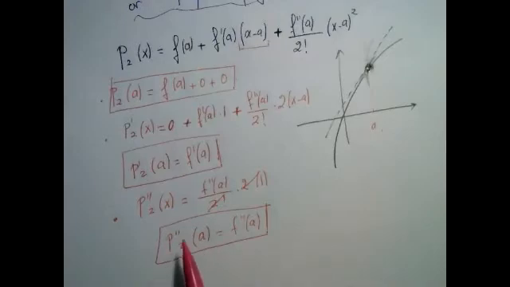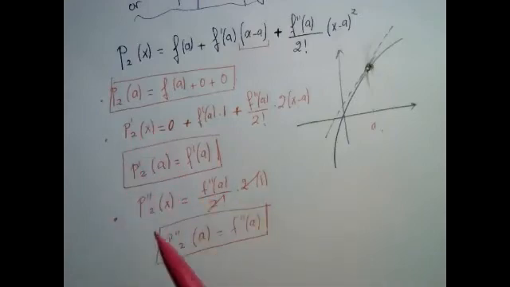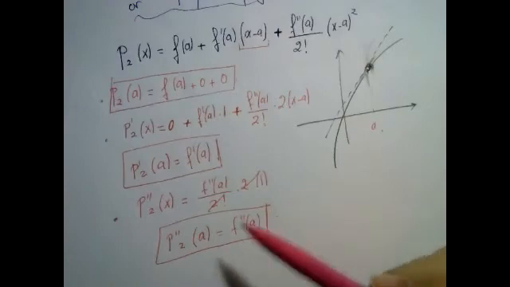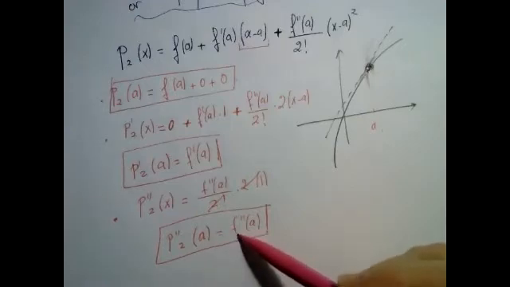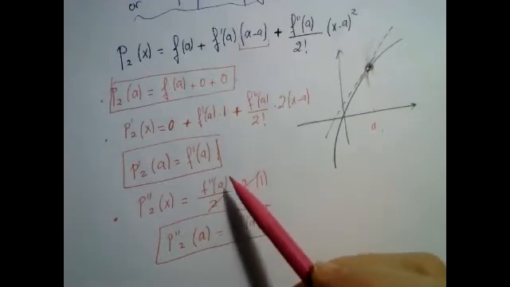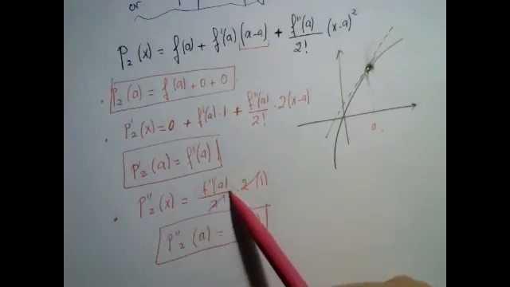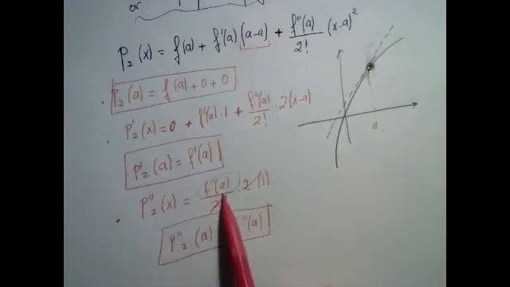No, sorry. A is fixed. X is a variable. When you do p double prime of x, it is p double prime of A, because the second derivative is constant, equal to f double prime of A. So no matter what you put here, you're going to have f double prime of A.